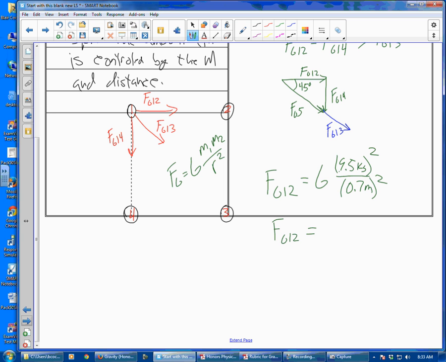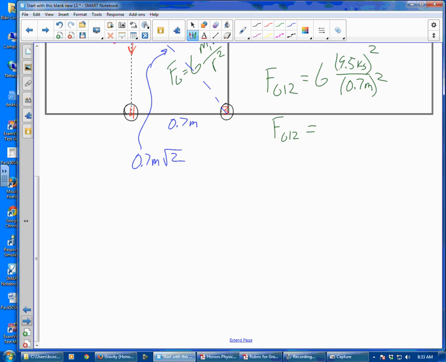And I'd figure out FG13. If these sides are 0.7 meters, then this length here is 0.7 meters times the square root of 2. Yes? Yeah. Okay.